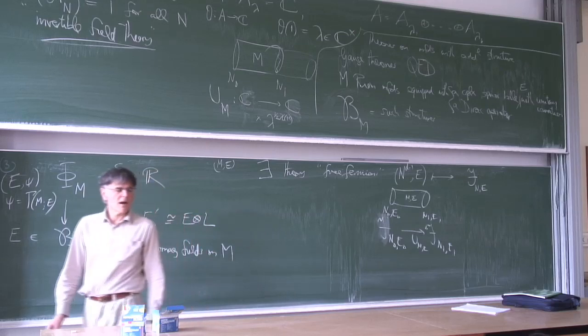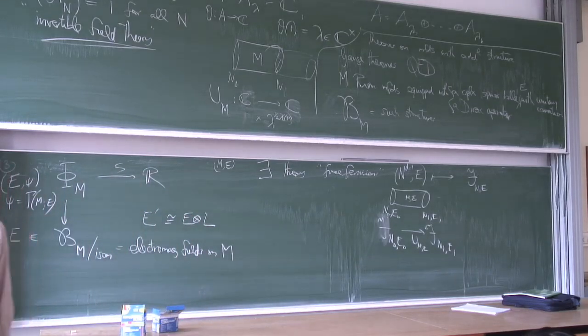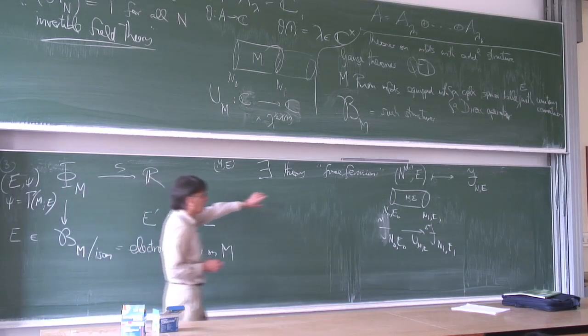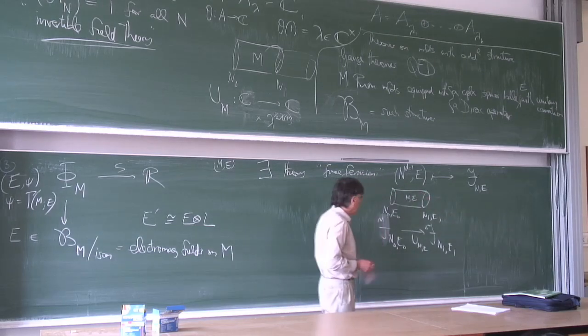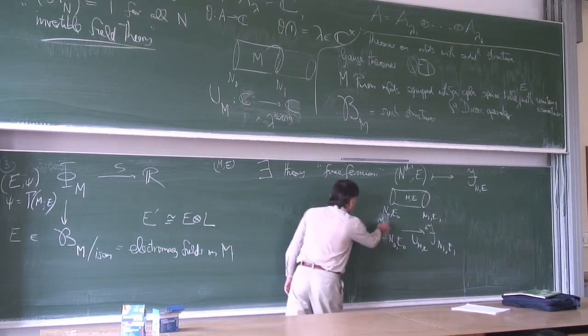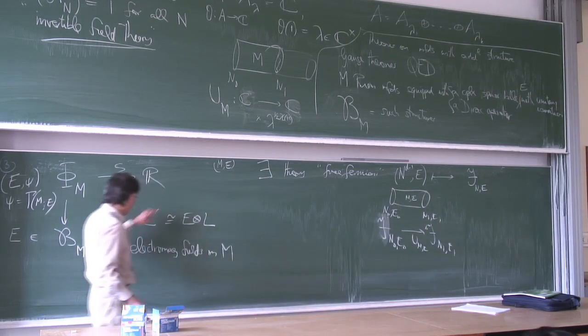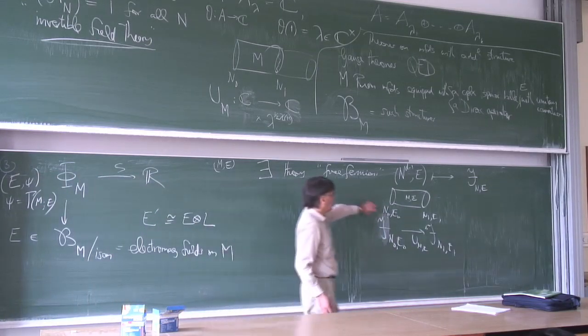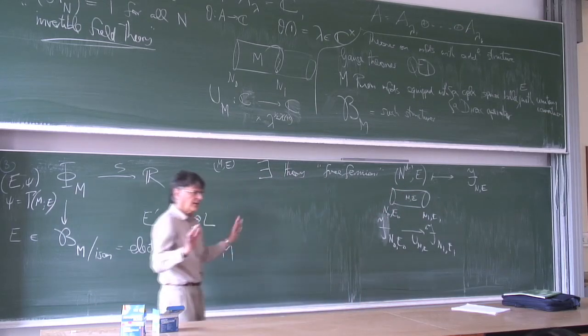My D minus one dimensional manifolds are always closed compact manifolds, and these cobordisms, of course, are compact manifolds with boundary. And I'm not going to tell you how to make this free-fermion theory, not at the moment, but let's suppose there is such a thing. So this is defined for manifolds equipped with a given electromagnetic field, then we can make a theory of this sort. I just want to leave that schematic for a moment.